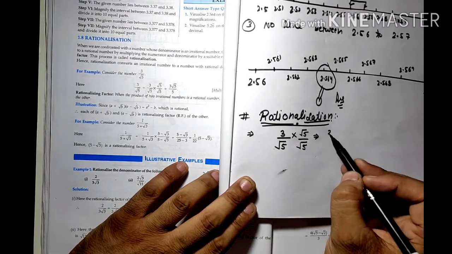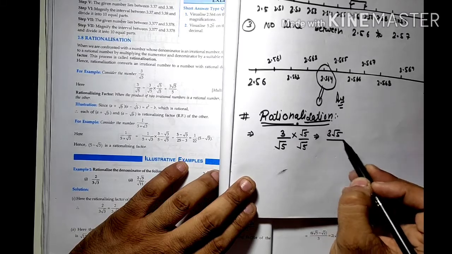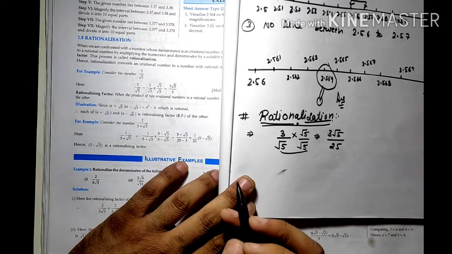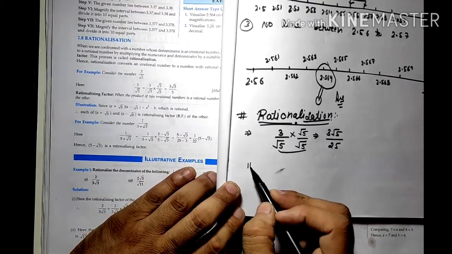Then it would be 3 root 5 over 5, since root 5 times root 5 is 5. So this is the simplest form. Now take one more example.